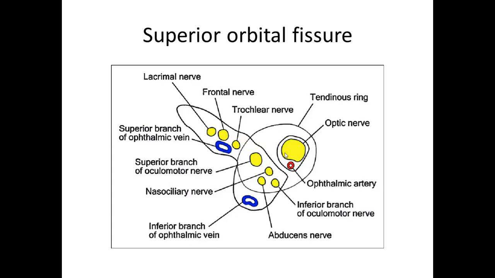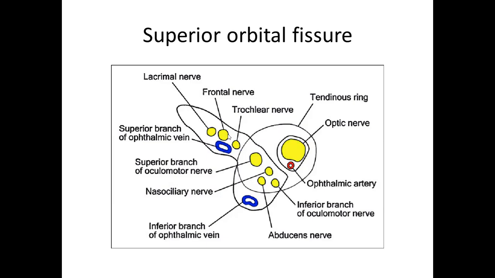So the importance of this diagram is how to differentiate between cavernous sinus lesion, superior orbital fissure syndrome, and orbital apex syndrome. In superior orbital fissure syndrome, you will have third, fourth, as well as the fifth, ophthalmic division of the fifth cranial nerve palsy.